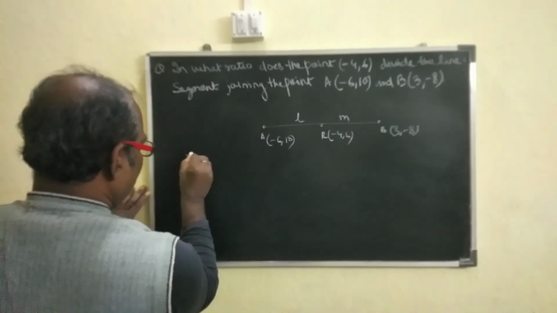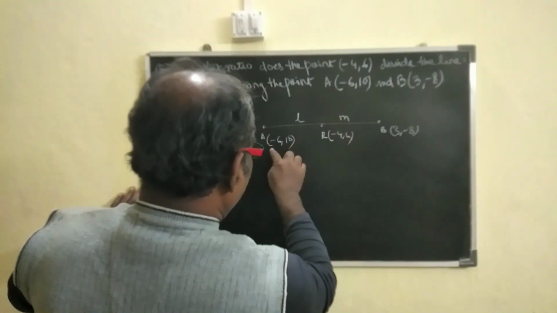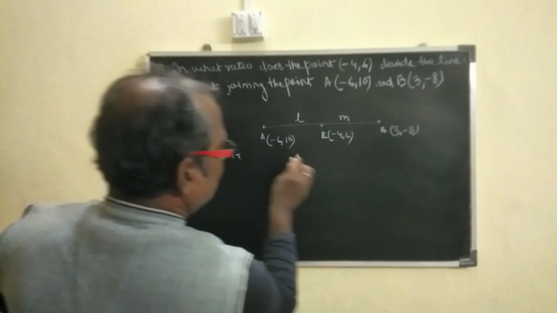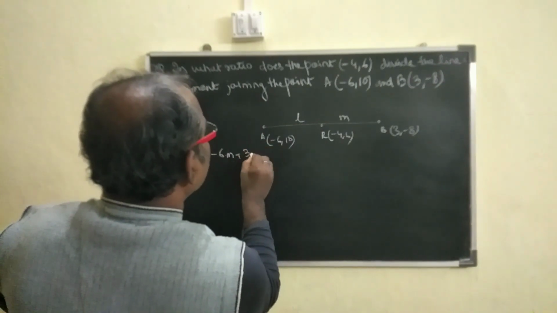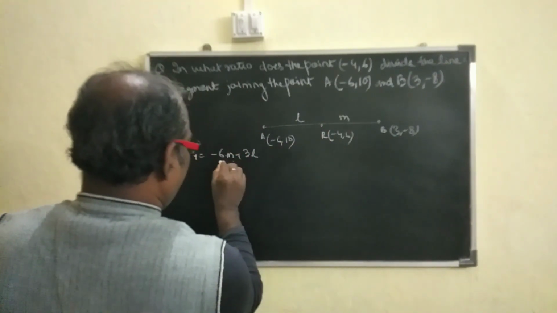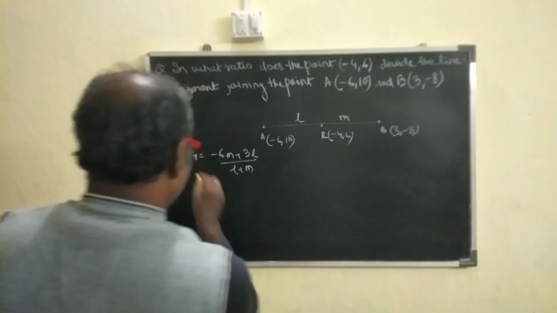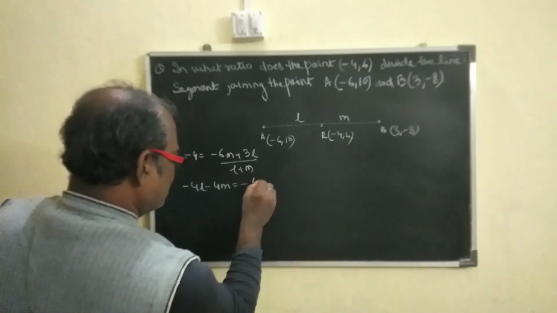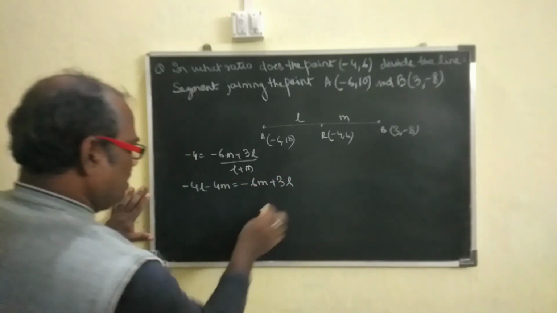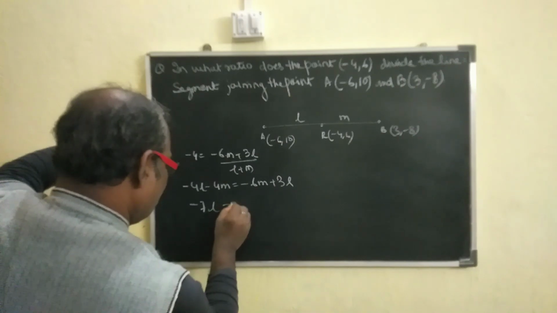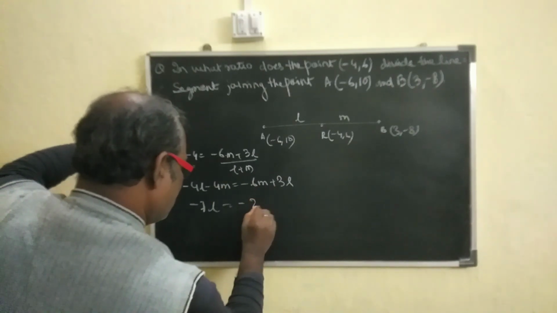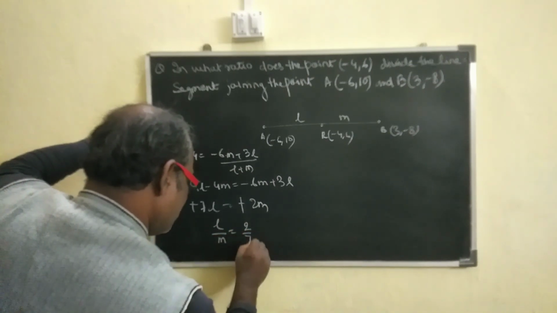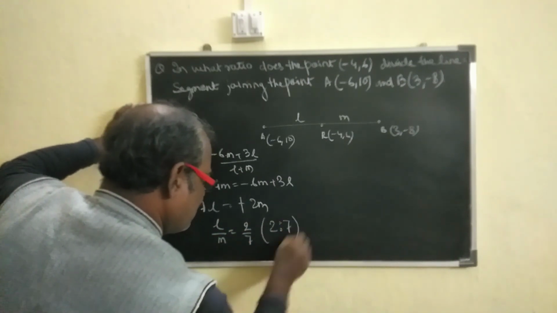From here we get minus 4 equals to minus 6M plus 3L, by L plus M. This becomes minus 4L minus 4M equals to minus 6M plus 3L. Bring out here minus 7L equals to, bring out here minus 2M. Gets cancelled. L by M equals to 2 by 7. The ratio is 2 is to 7.